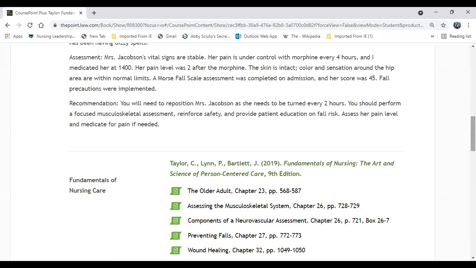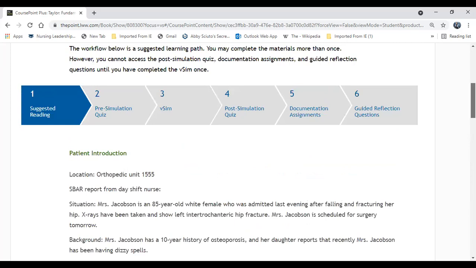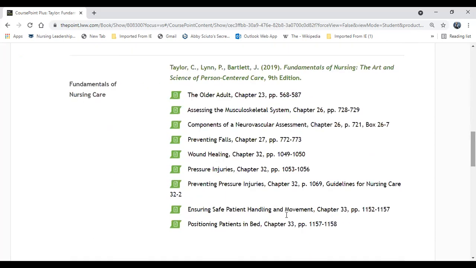And if you go down below, this is all in the pre-simulation part, or the suggested reading part, I'm sorry. You'll have all this other information. If you click on any one of these green tabs, it'll take you to patient positioning, wound healing, pressure injuries, how to prevent them, the older adult. So a lot of information there if you need it for your care plan.